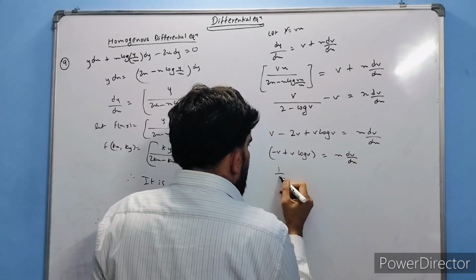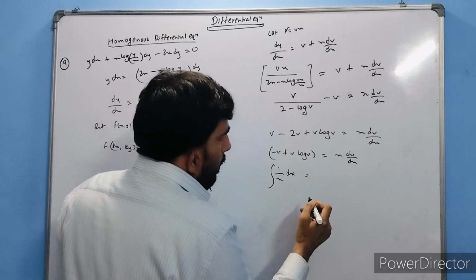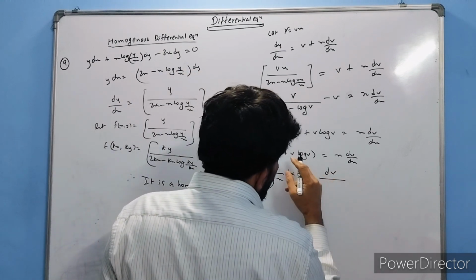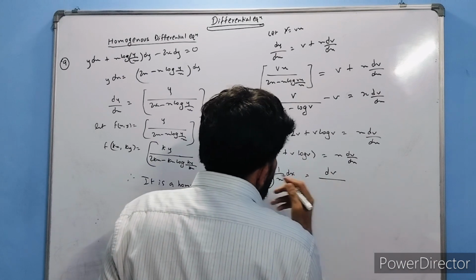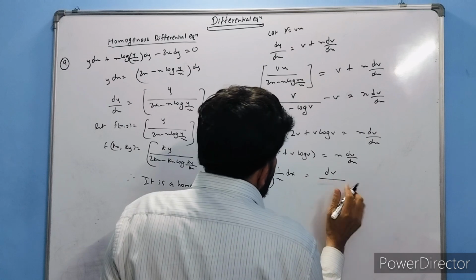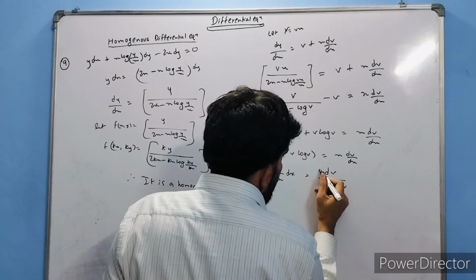So I can write (1/x) dx = dv/(-v + v log v) and integrate.